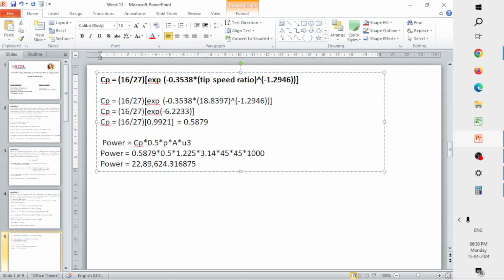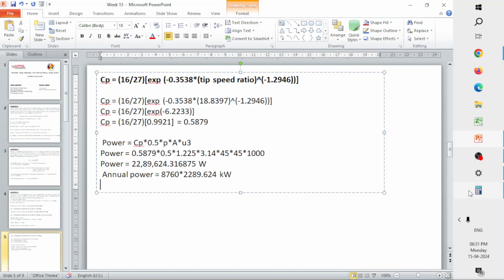This is the amount of power, this is in watts. Now we are supposed to calculate the annual power. So annual power will be nothing but 8760 times this much amount of power. It's just 2289.624 kilowatts, you can write it.